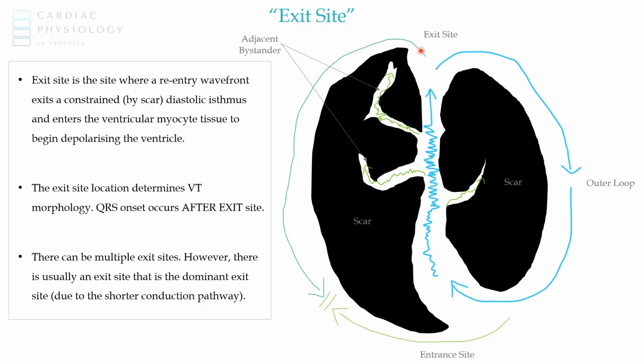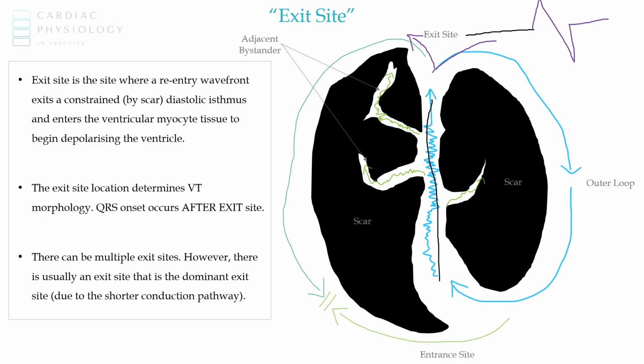And so this means that your QRS morphology is dictated by where your exit site is. QRS onset usually occurs after the exit site. So here, not enough voltage is being generated to cause deviation from the isoelectric line, and then once depolarization exits the exit site, it can now start depolarizing a lot of myocardium, and now you get your QRS onset.